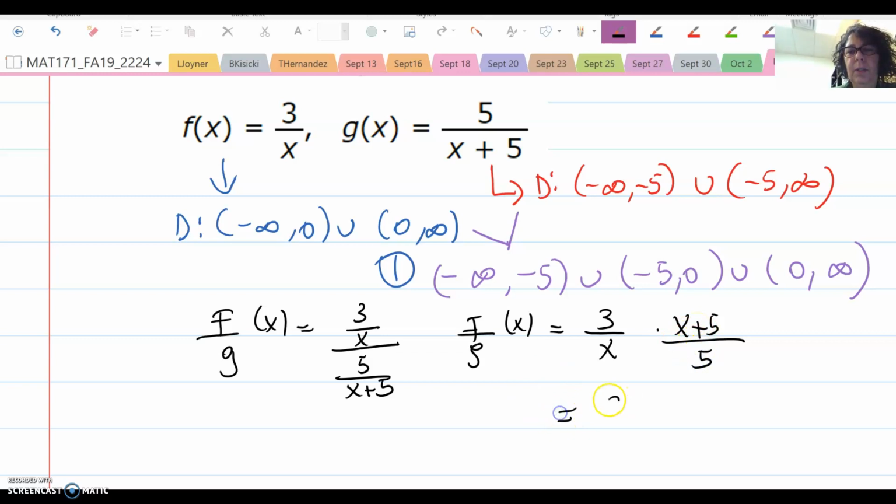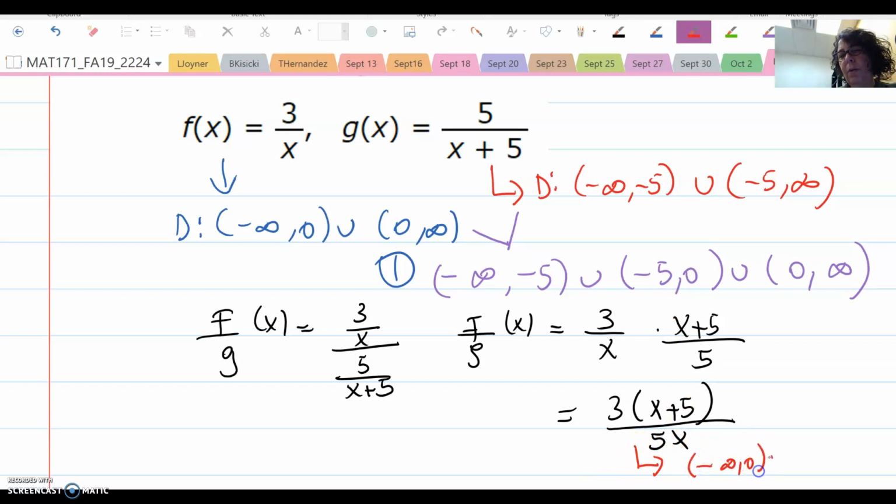Okay, then the function will become 3 times x plus 5 divided by 5x, which I believe in your email you're showing me the same thing. So domain of this resultant function will be negative infinity to 0 union 0 to infinity.